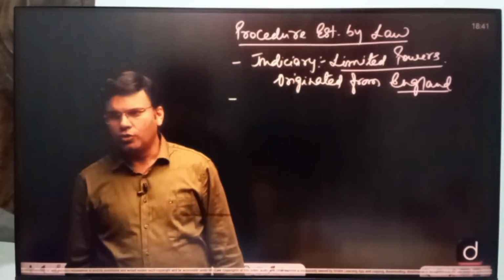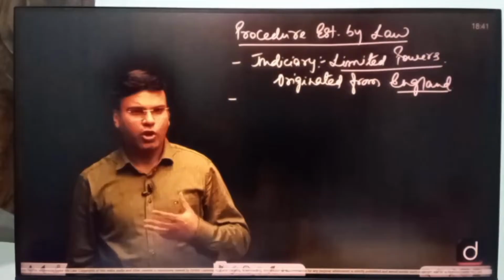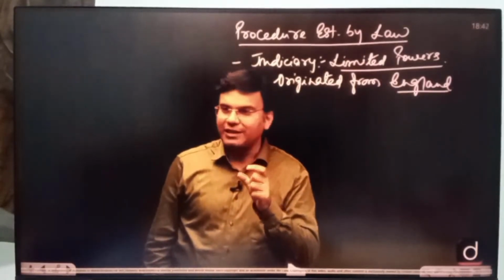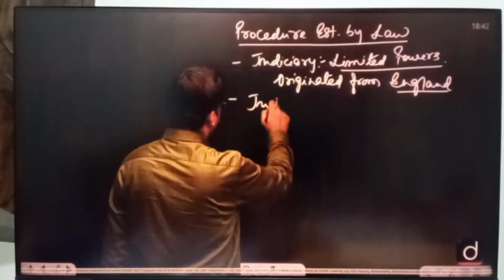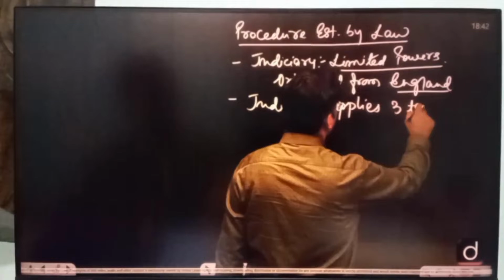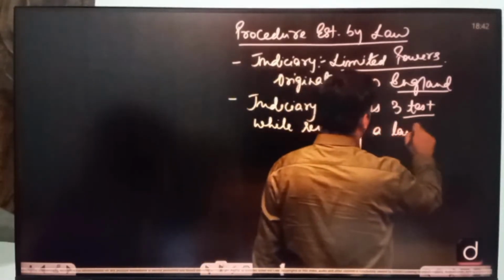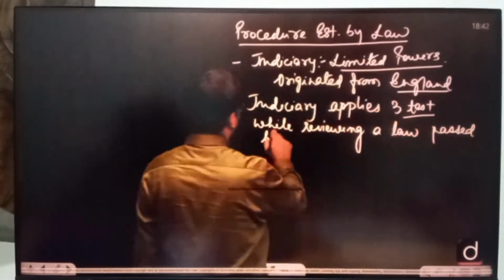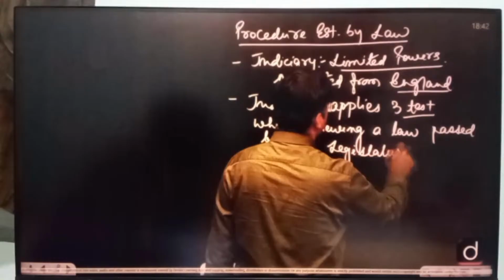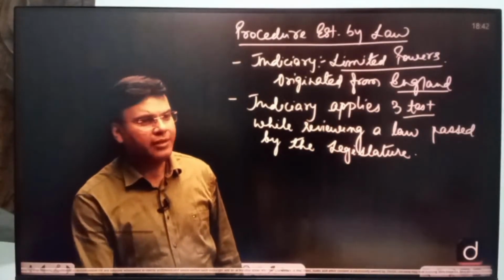review. So what are the tests that the judiciary will apply on the law so that it can find the law as legal or illegal, है ना? So whenever a judiciary is reviewing a law, then under procedure established by law, judiciary will apply these 3 tests, है ना? The judiciary applies 3 tests while reviewing a law passed by the legislature. ठीक है, so legislature has passed a law, and what are the basic 3 tests our judiciary is going to apply when a law is passed by the legislature?